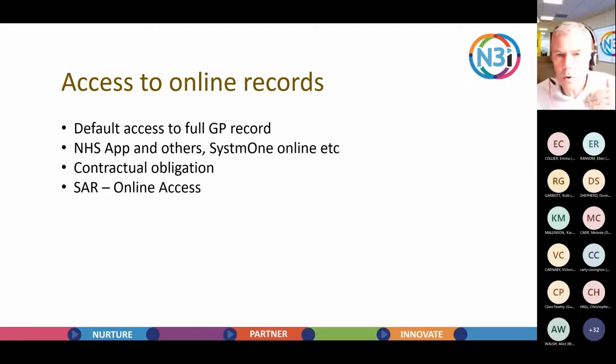There is a hope that once you get full online access to all of your records, and I think that will come in the not too distant future, that in itself should reduce the number of subject access requests you get, because you'll be able to say to someone, it's all there anyway. You don't need to ask, because you've already got it.